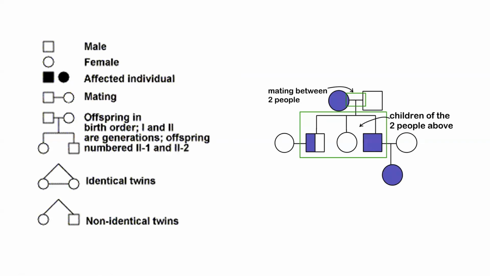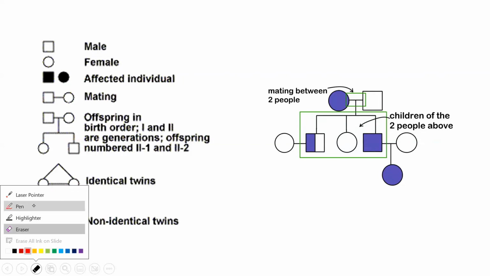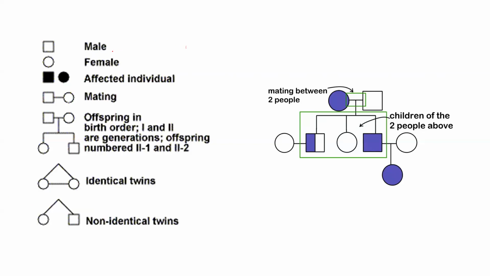Now see, these are certain symbols which are commonly used in pedigree analysis. The square here represents male, the circle female, and the shaded squares and shaded circles represent affected individuals.